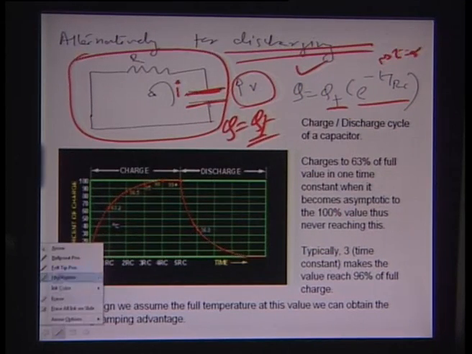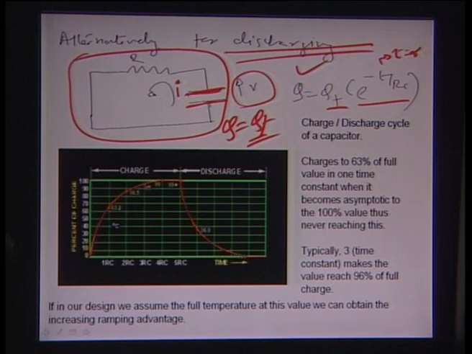So, this essentially is the way that the charging happens in the circuit following the expression Q equal to QF times 1 minus e to the power of minus t by RC, and this is the exponential decay in the charge, Q is equal to QF e to the power of minus t by RC. So, this is the charging cycle, or this part is the discharging cycle.